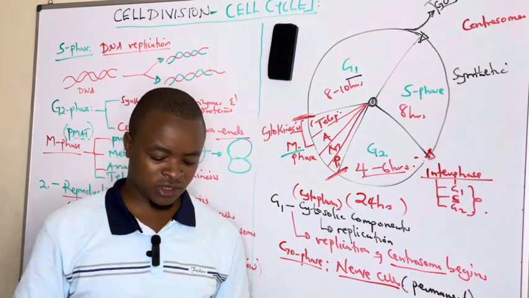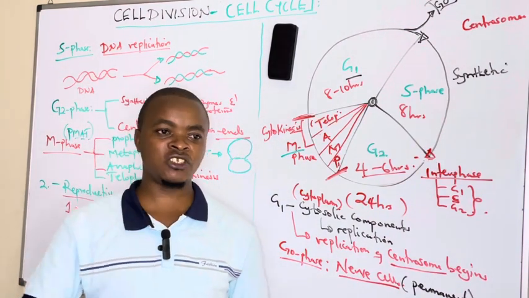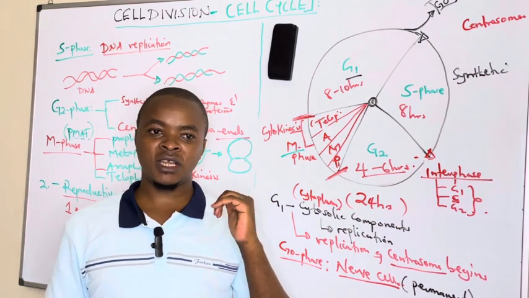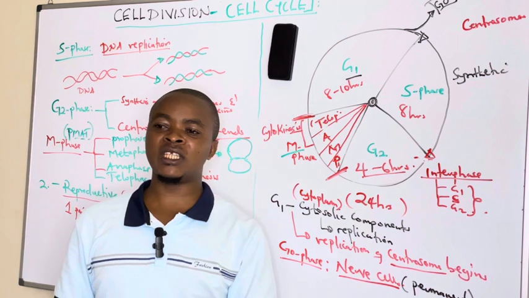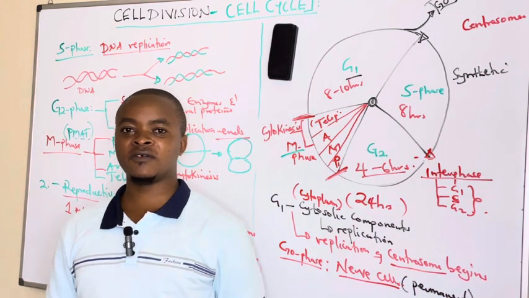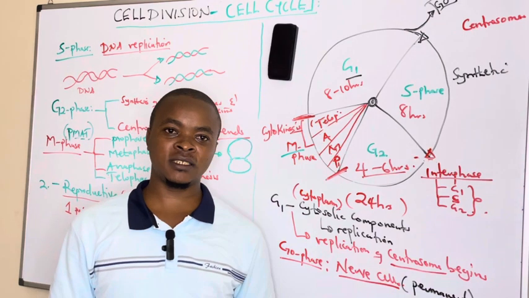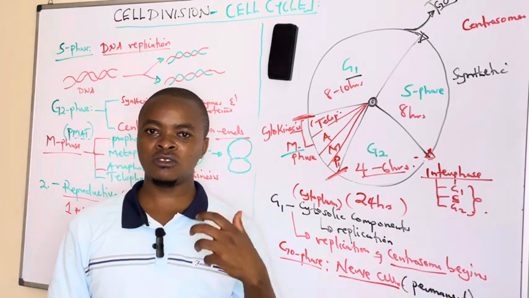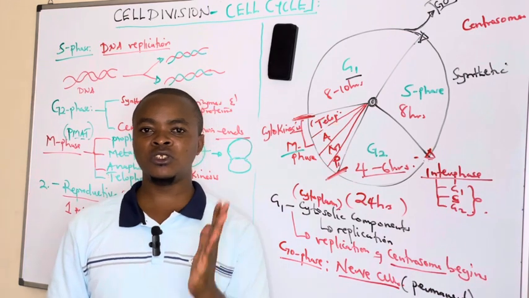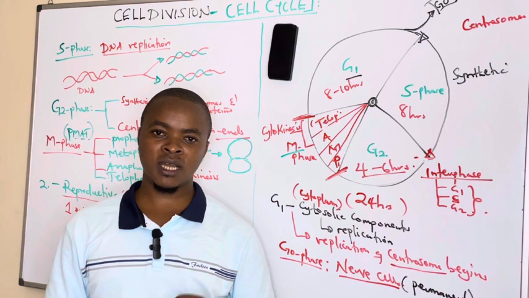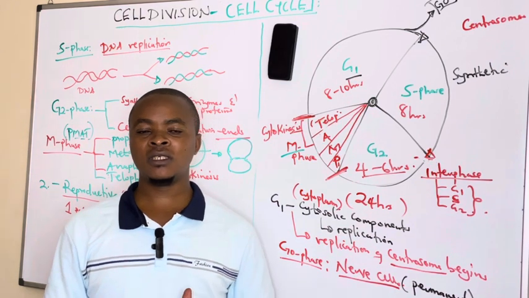So as we conclude this session, the introduction to cell division and cell cycle, we have seen that there are major 2 types of cell division, that is somatic cell division and reproductive cell division. Under somatic, we have seen that cells replicate or multiply to produce daughter cells which have an identical number of chromosomes as the parent or original cell.